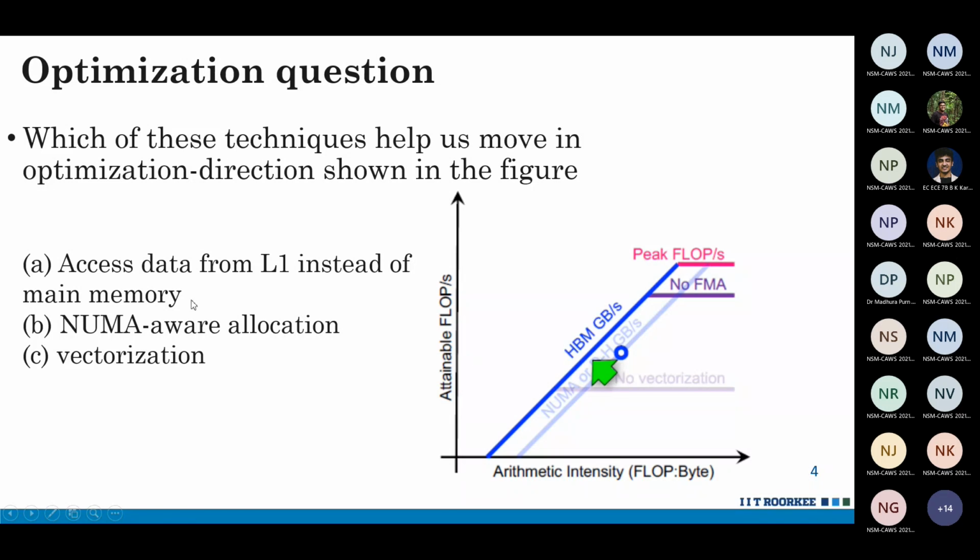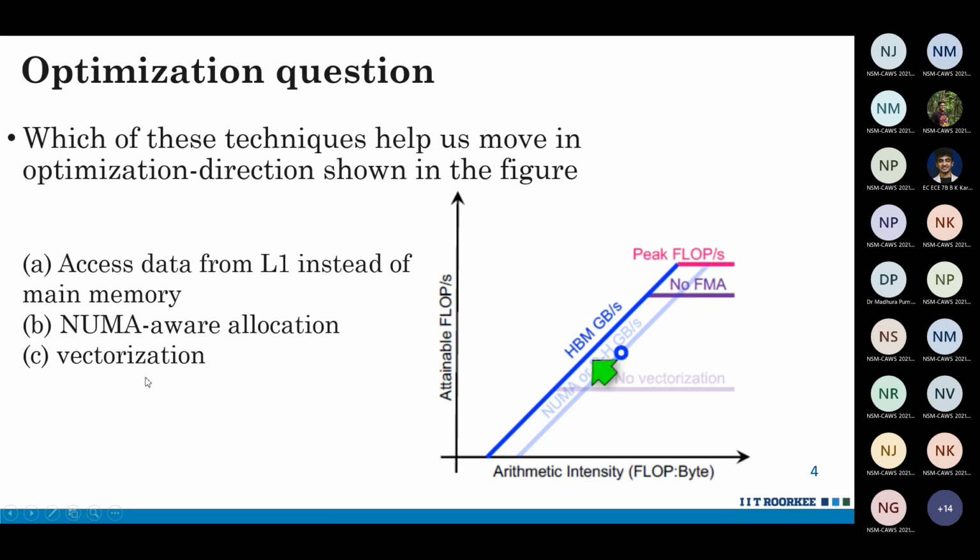If we access data from L1 instead of main memory, we have much better bandwidth. And if allocation is done according to where the requirement is, NUMA aware, then we will get better memory bandwidth. So A and B move us in this direction.